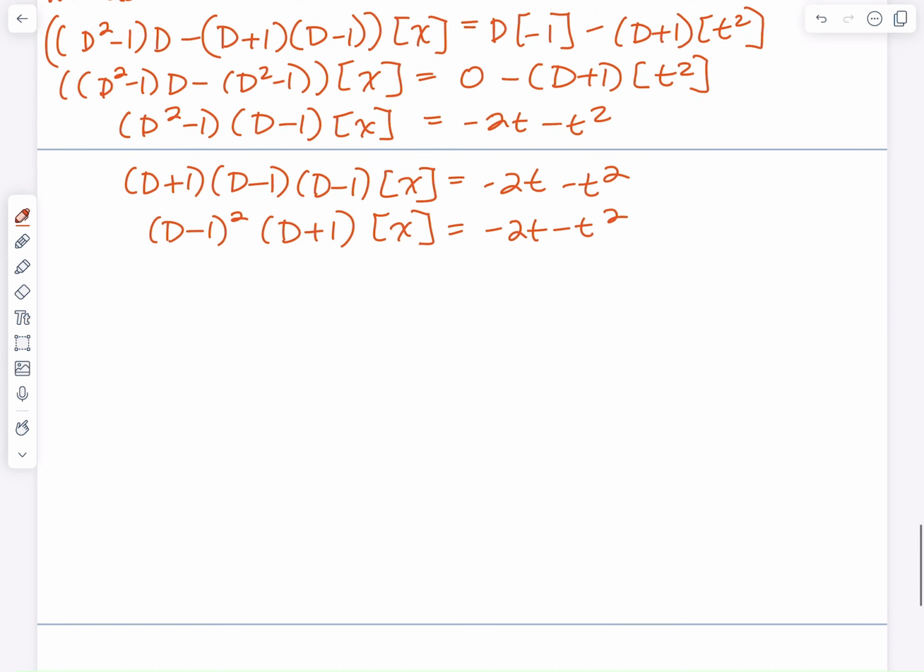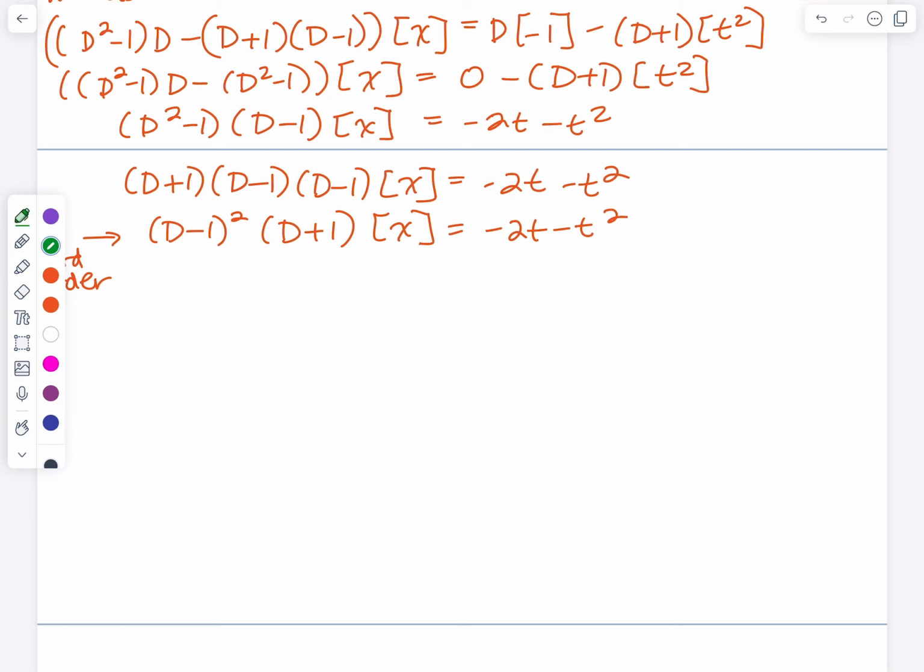So here we have a third order differential equation. So we are going to expect 3 arbitrary constants in our general solution.